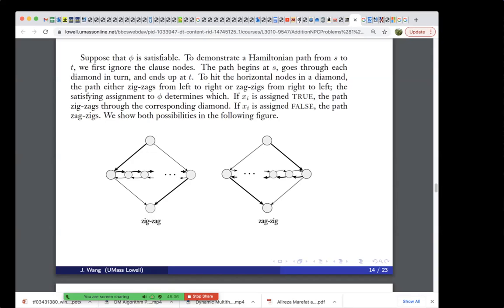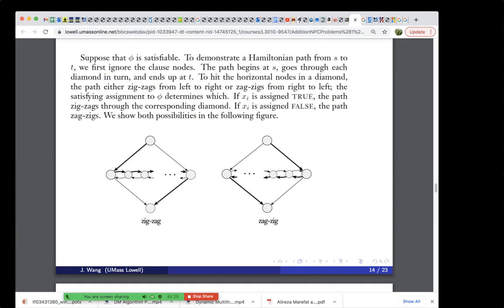So the zigzag here is that if xi is assigned true, then we zigzag. If xi is assigned false, we zag. Okay, so essentially that's what I mean.